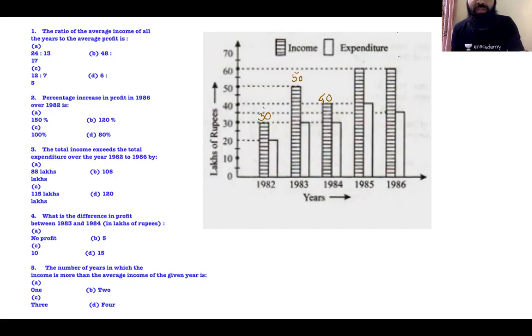Last 2 years it has been $60 and $60. So the total will be 30 plus 50, 80 plus 40, 120 plus 60, 180, 180 plus 60. It is equal to 240.